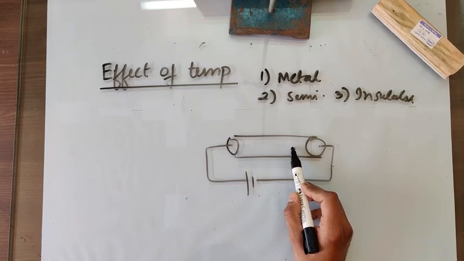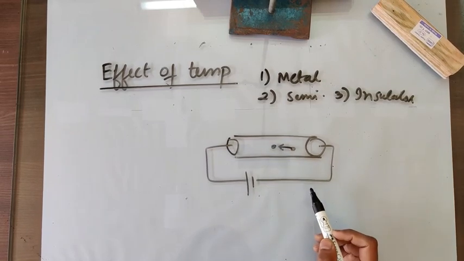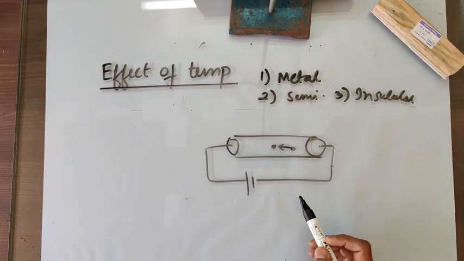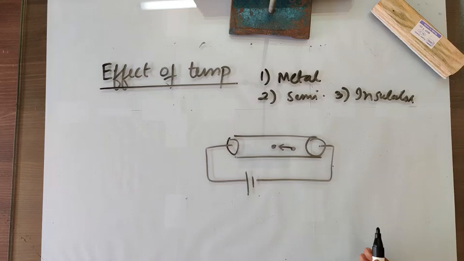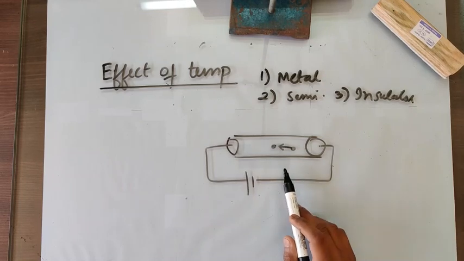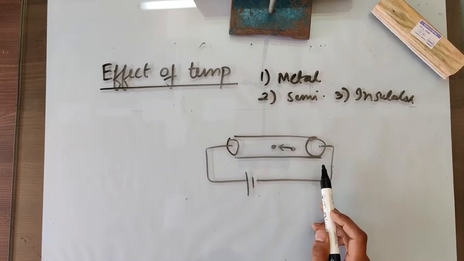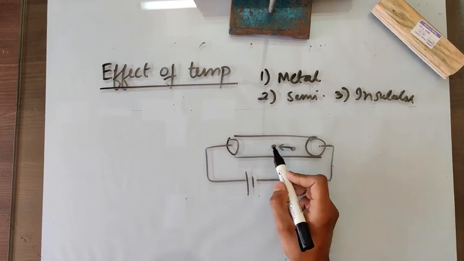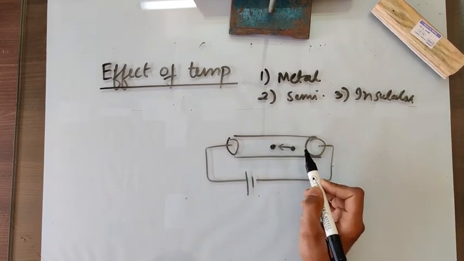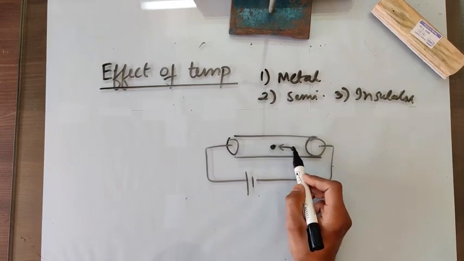On their way, they frequently collide with the positive metal ions or other free electrons. That is, their motion is opposed, and this opposition to flow of electrons is called resistance. The main cause of resistance is collision.